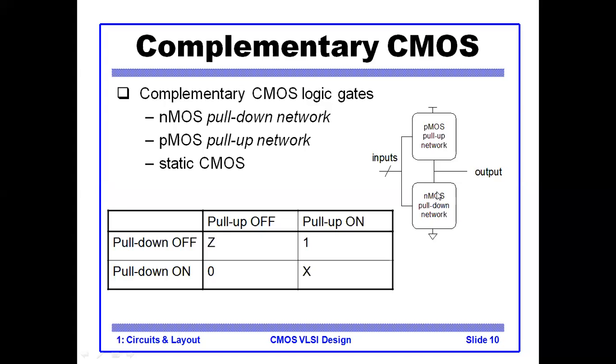So NMOS supports or passes a strong zero but a degraded, weak one. Oppositely, PMOS transistors pass a strong one but a degraded, weak zero. That's why NMOS is preferred for the pull-down network.